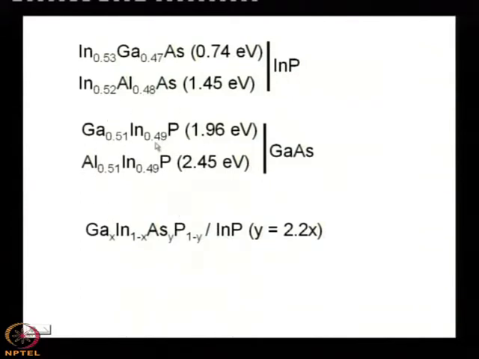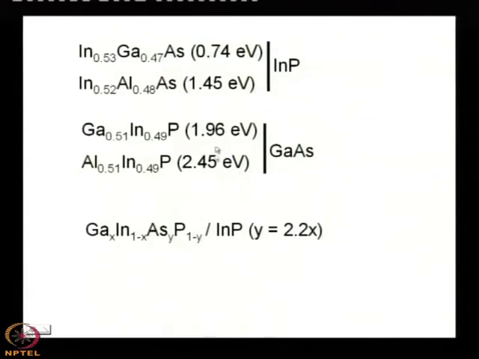Theoretically it is possible, but practically there is a limitation, and you find that in the parenthesis I have written the band gap: it is 0.74 electron volt. Then indium aluminum arsenide is 1.45 electron volt. Gallium indium phosphide with this composition is 1.96 electron volt. Aluminum indium phosphide with this composition is 2.45 electron volt.